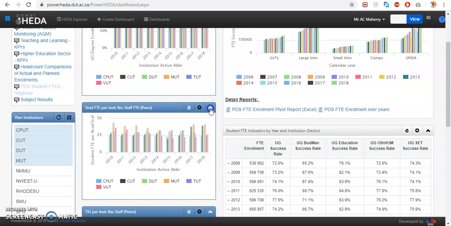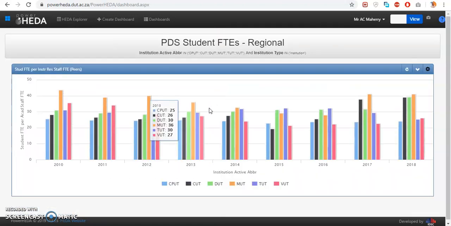If we have a look at the student full-time enrollments per instructional research full-time enrollments, DUT is again shown in green, and you can see how DUT has been gradually increasing over the years as a result of the over-enrollment of students. In comparison, Central University of Technology, you can see there's a huge change between 2015 and 2017.